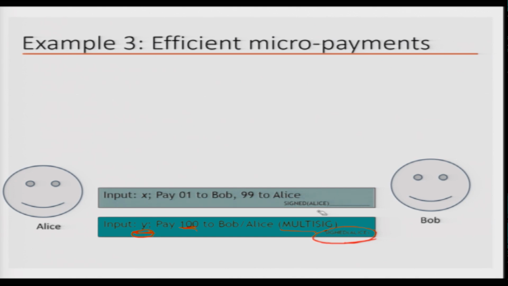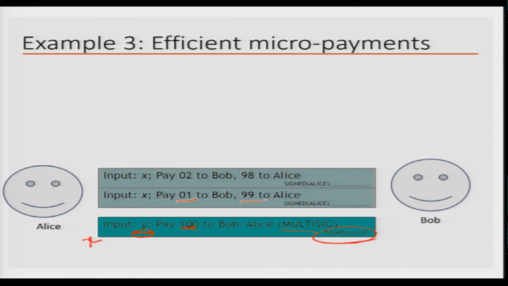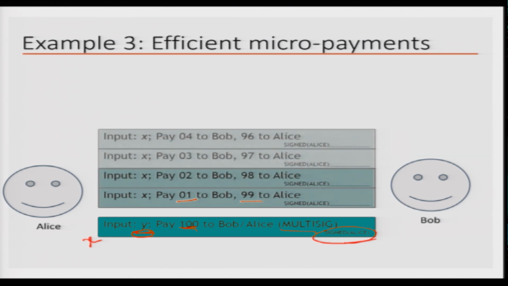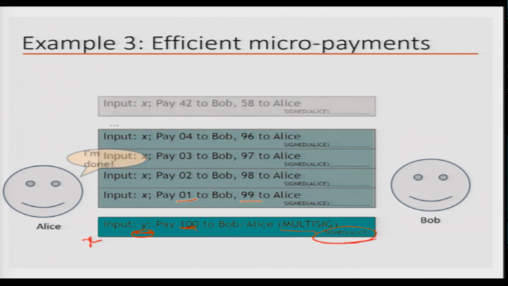So, now we are doing a number of double spends. This is your transaction X, where you made this payment, and from this transaction you are redeeming it, although it has not completed yet, with 1 to Bob and 99 to Alice. Then next minute you pay 2 to Bob, 98 to Alice, and so you are doing a lot of double spends.